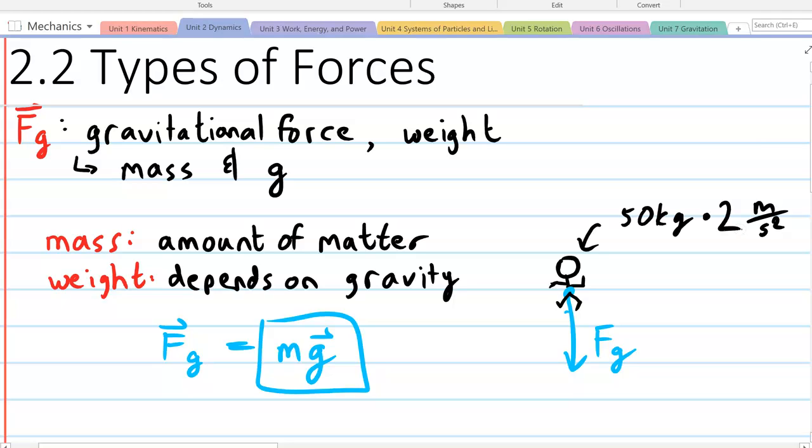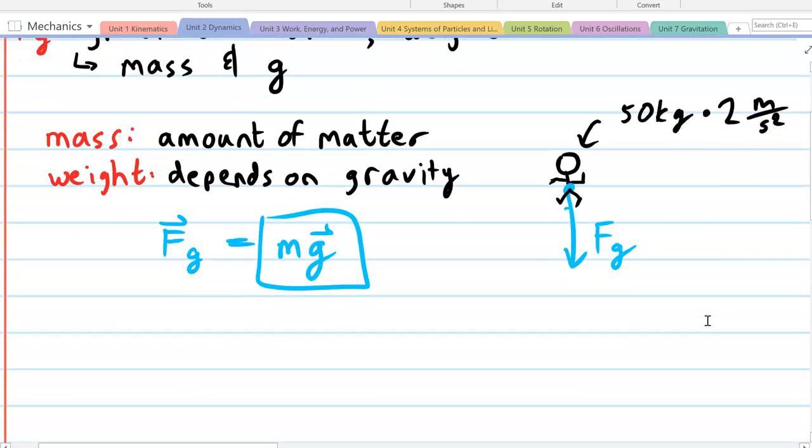It's a small body that's still kind of large compared to us, but not compared to the Earth. Its gravitational constant is 2. So this guy's weight is 100 newtons, while on Earth it's going to be much more, around 5 times as much. So that's the idea of the gravitational force.